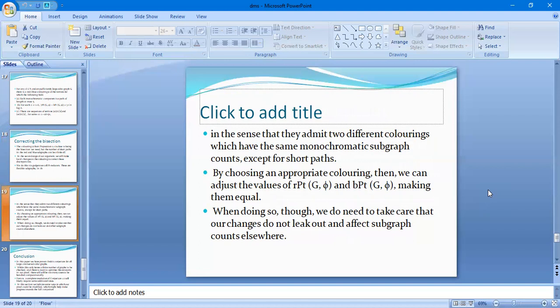By choosing an appropriate coloring of them, we can adjust the values of RPT and BPT, making them equal. When doing so, we do not need to take care that our changes do not leak out and affect subgraphs elsewhere.